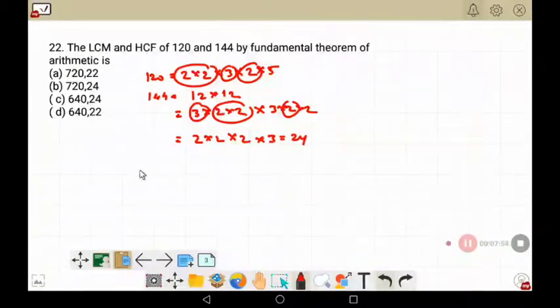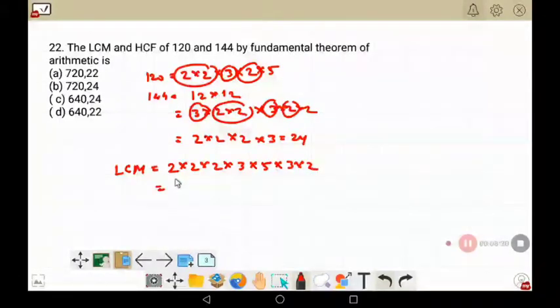Now find out the LCM. What will be the LCM? We have the HCF 2 into 2 into 2 into 3. Now write down the rest of the numbers, that is 5 ones, and here 3 and 2 also ones.